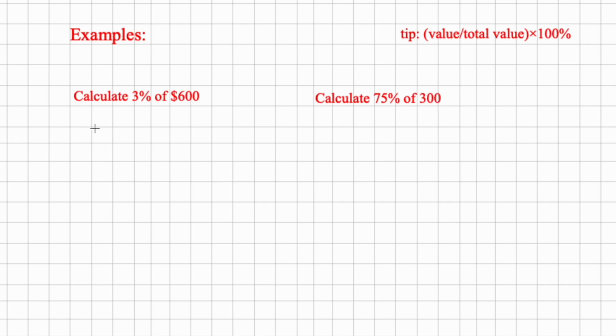So let's do that here then. So if we divide 600 by 100, it's going to give us 6. So 6 will be 1%. Okay. Then once we know this, if 1% equals 6, it's easier to find 3% because it's 6 times 3.